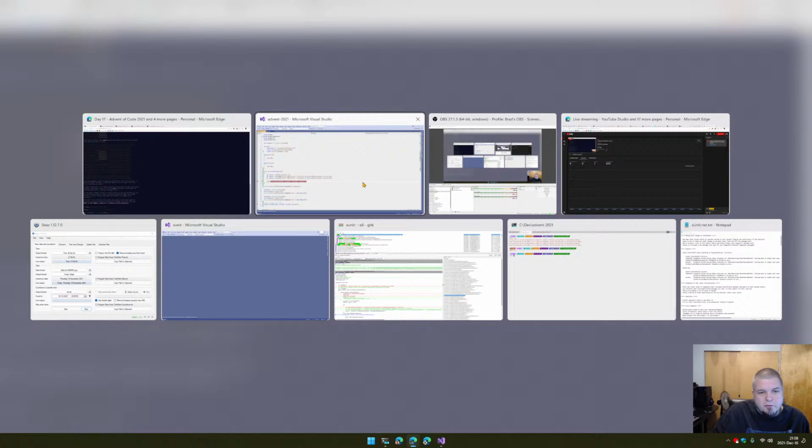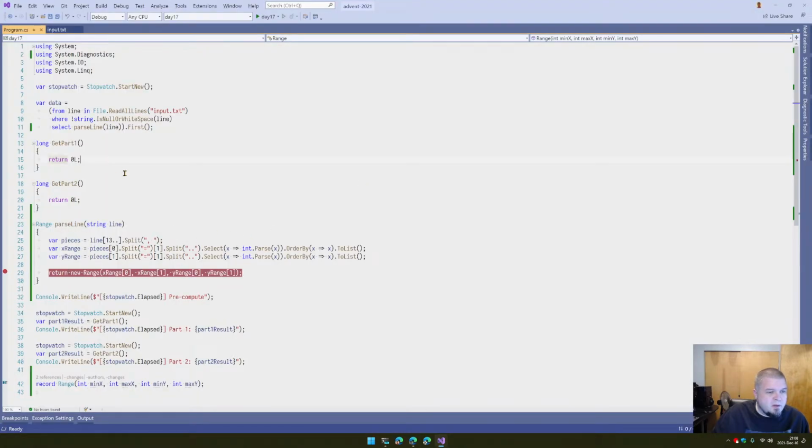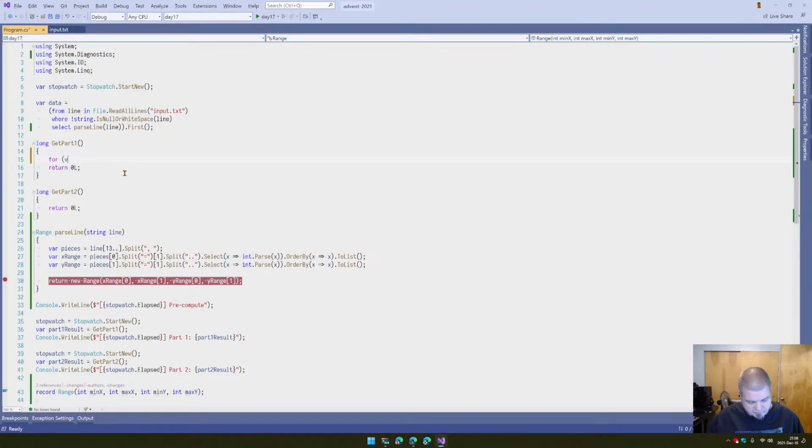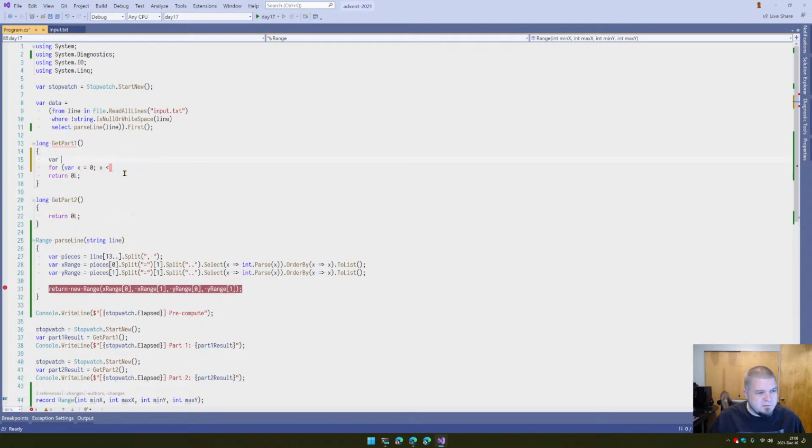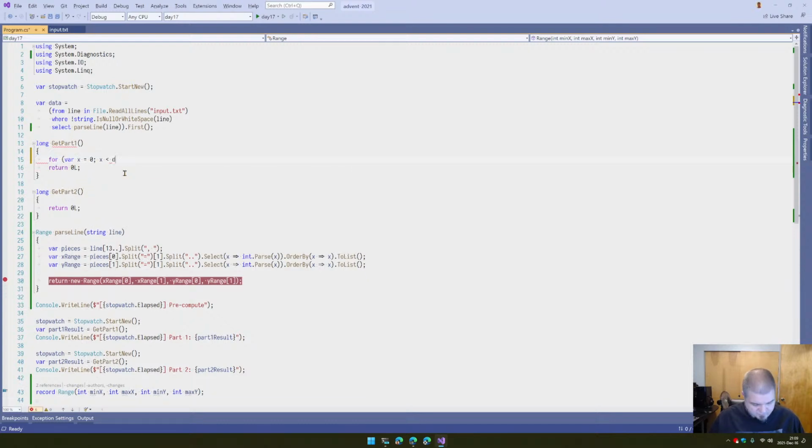So that's the first way to restrain ourselves. So let's do that. X is 0. X is less than max x, which is data.max x. Actually, I don't need to store that.